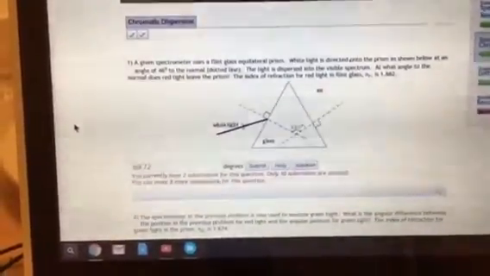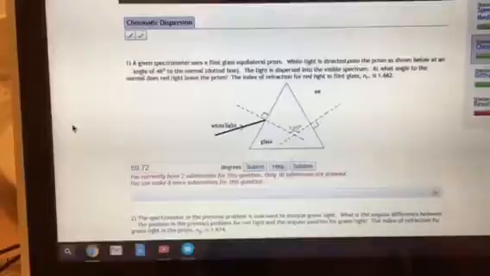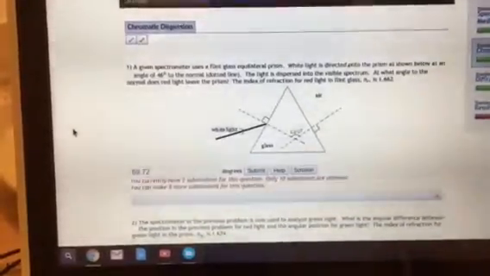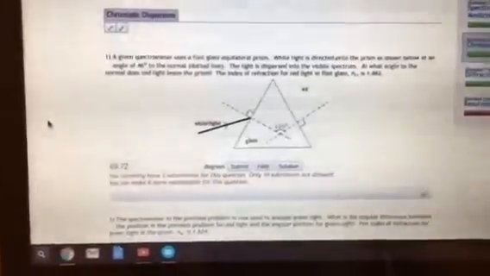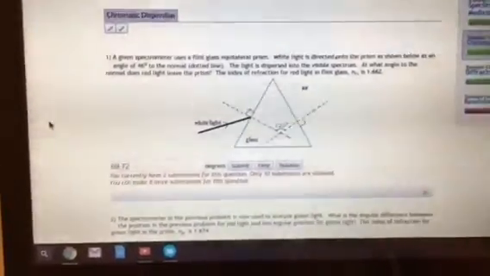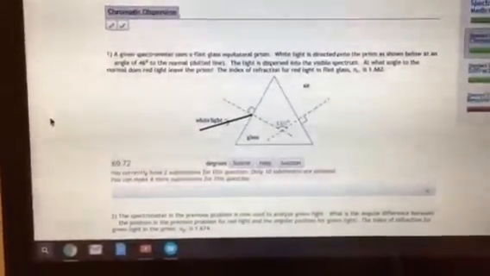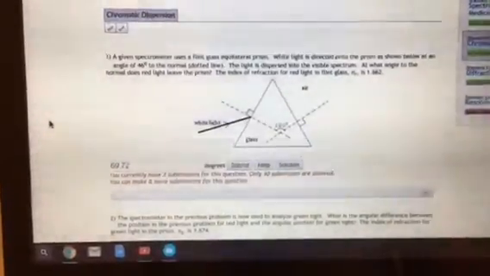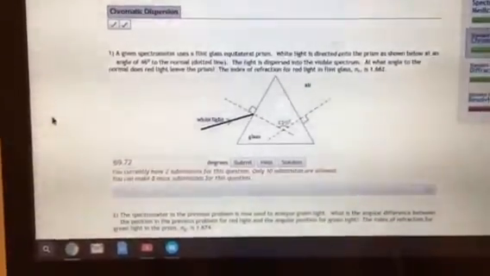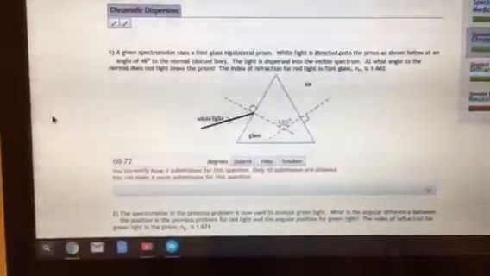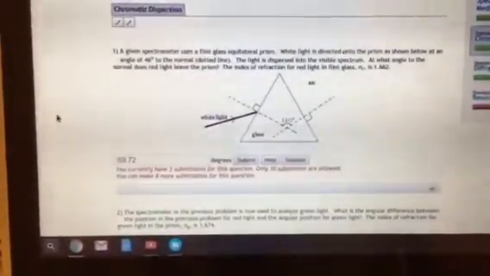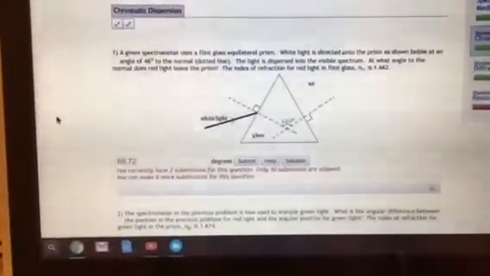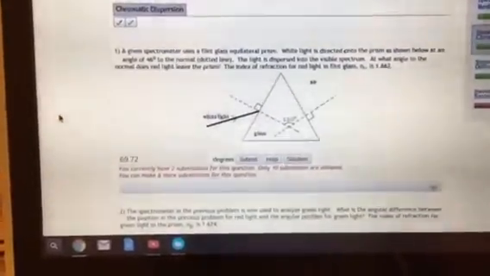So we're given a lot of information here, and this might look a little intimidating at first, but it's really quite a simple problem to solve. We really only need Snell's law to tackle this. We're given the angle of incident white light, the angle to the normal, which is 46 degrees.